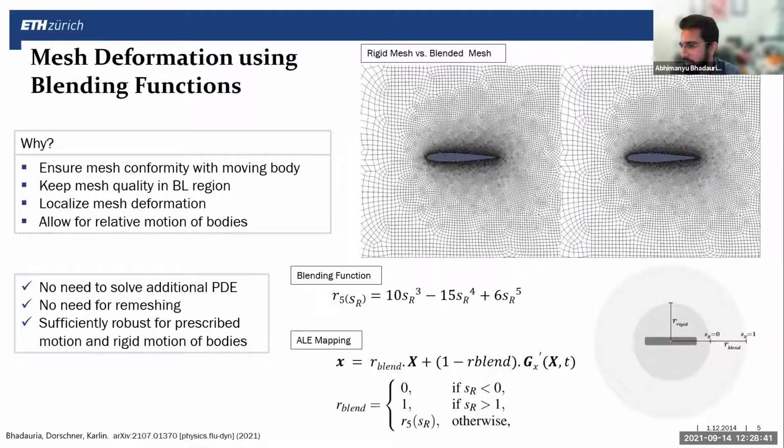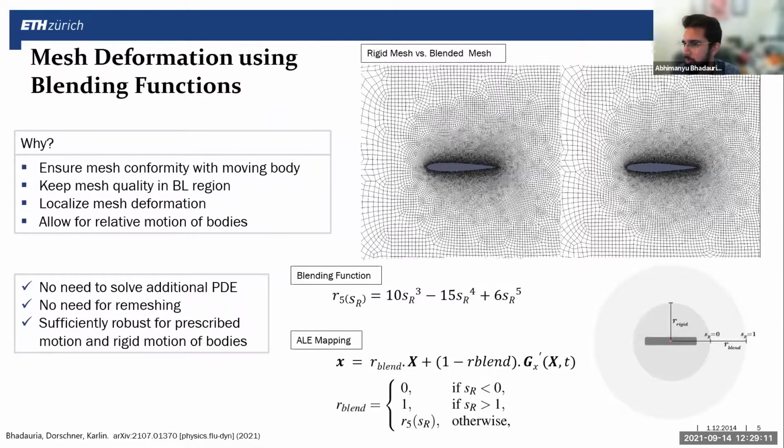The basic process is, if you look at the figure on the bottom right, we have a small region around our body that is the so-called rigid region, which is where the mesh moves exactly with the body. So the motion of the mesh is exactly the same as the motion of the body. And away from that region, we gradually decrease the mesh deformation so that after a certain point in the domain, the mesh is completely stationary.